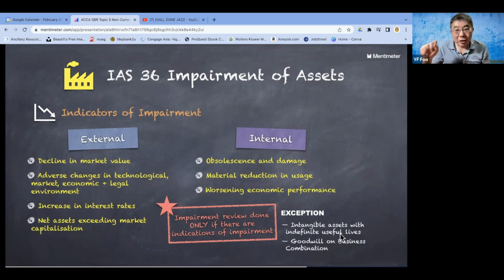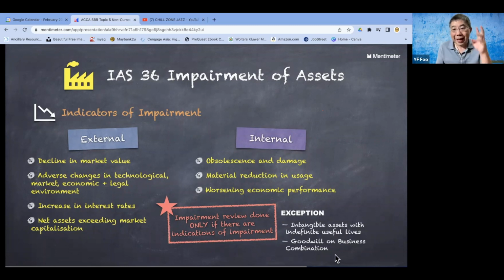So you have an intangible asset with an indefinite useful life, so you're not amortizing it, because you don't know what the useful life is. Those types of intangibles, you must do a test, a review, a calculation every year when you prepare your financial statements. So that's exception number one.